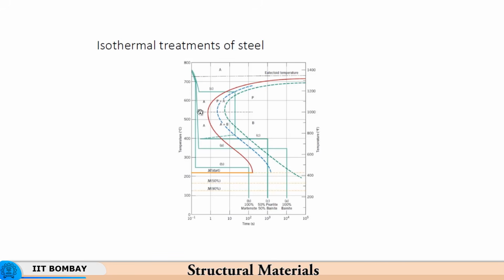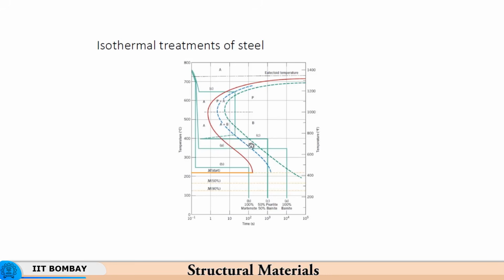Now, if you cool it further down and then hold it at this level, you again have complete transformation. And so here what you get is austenite plus bainite. In this region you get austenite plus bainite.